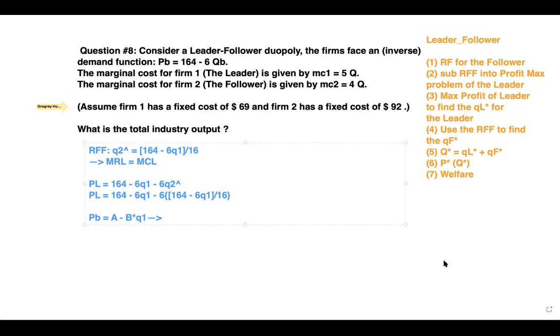Hey, Professor. Quick question. It says after you noted the reaction function for the follower, you put the marginal revenue for the leader equals marginal cost of the leader. How come we didn't use the marginal revenue instead of the residual demand? Well, because we can't yet.